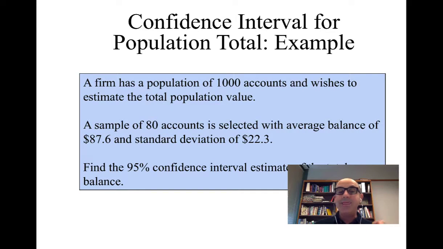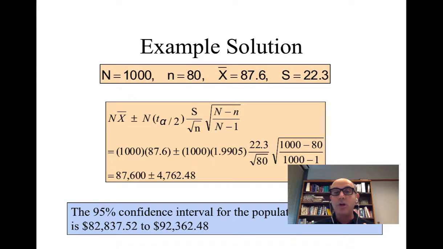So find the 95% confidence interval and estimate the total balance. Again, lay out your foundation. What is capital N? What is small n? What does the x bar stand for? What is the s?